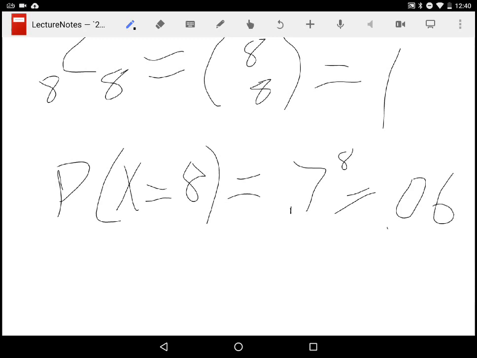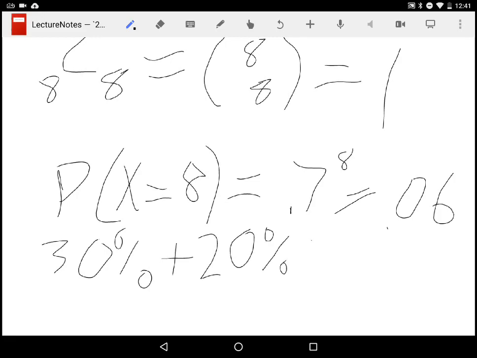So adding all these up, we get 30% plus 20%. These are approximations. Plus 6%. We get that to be 56%.